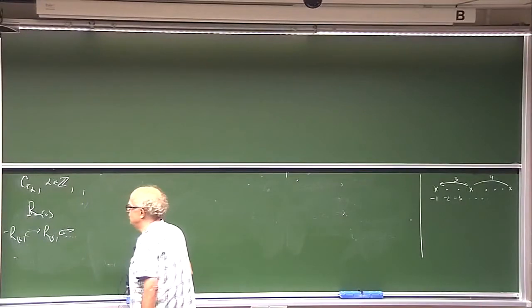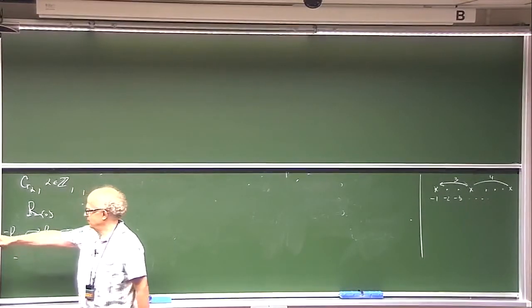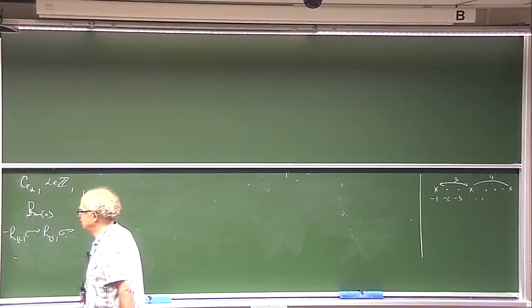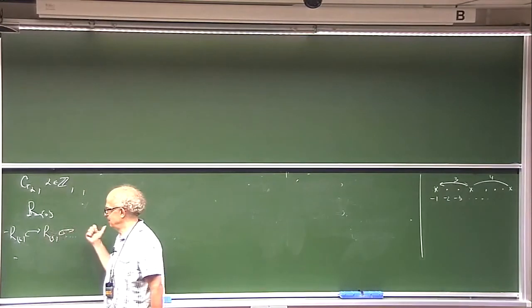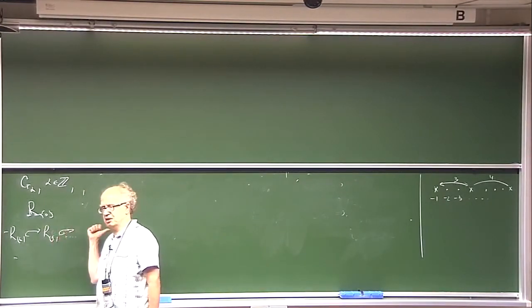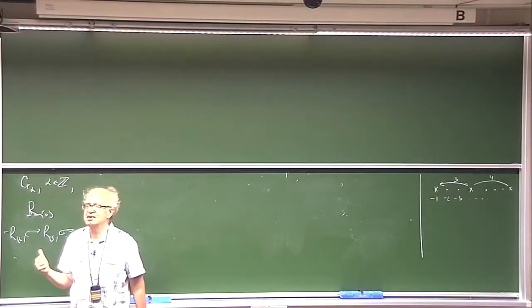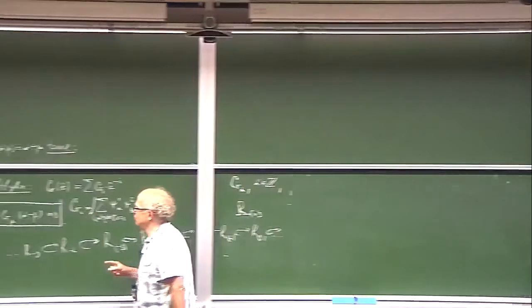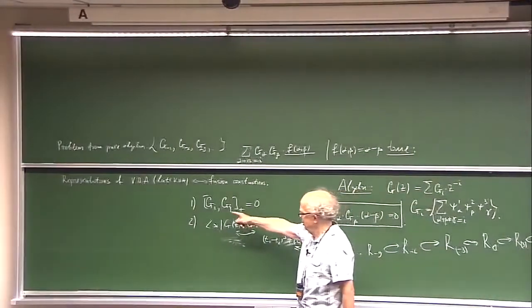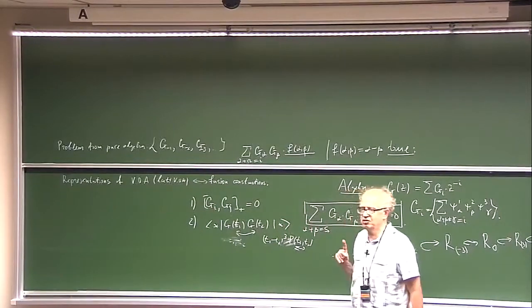Now let me formulate what we get. If we have such kind of embedding, then we can ask, can we make up a limit in this direction? And if yes, then the limit has to be some representation of the algebra with generators G_i and such kind of relation.